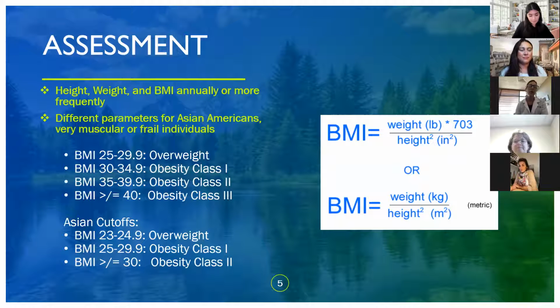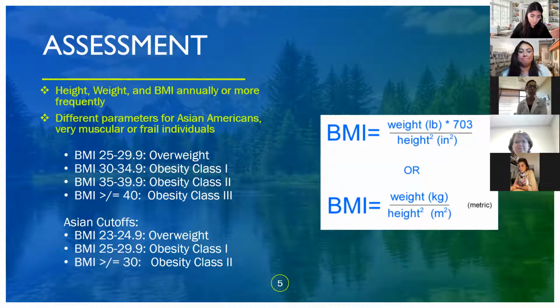So in your assessment, of course, most of us do the BMI calculation or our computers do it for us. But it's based on your height and weight, and we recommend doing that annually or more frequently, depending on how often you're seeing the patient. And just remember, the parameters for Asian Americans and very muscular or frail individuals will be a little different than our normal.